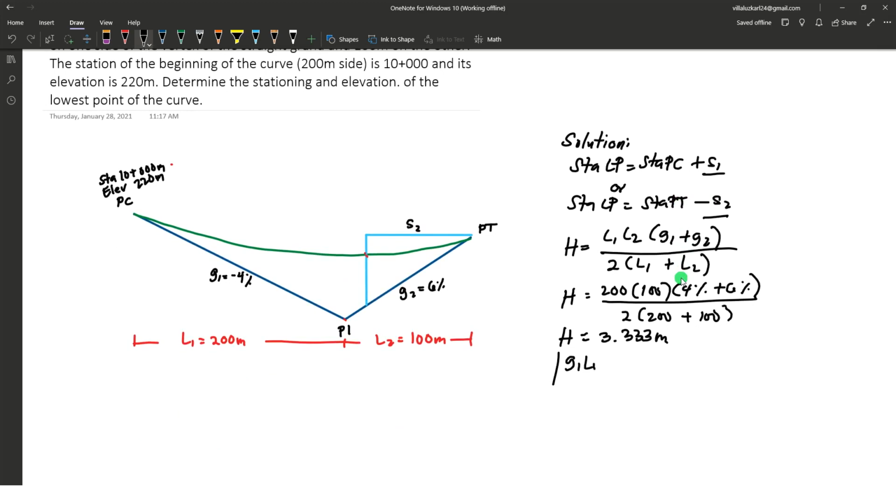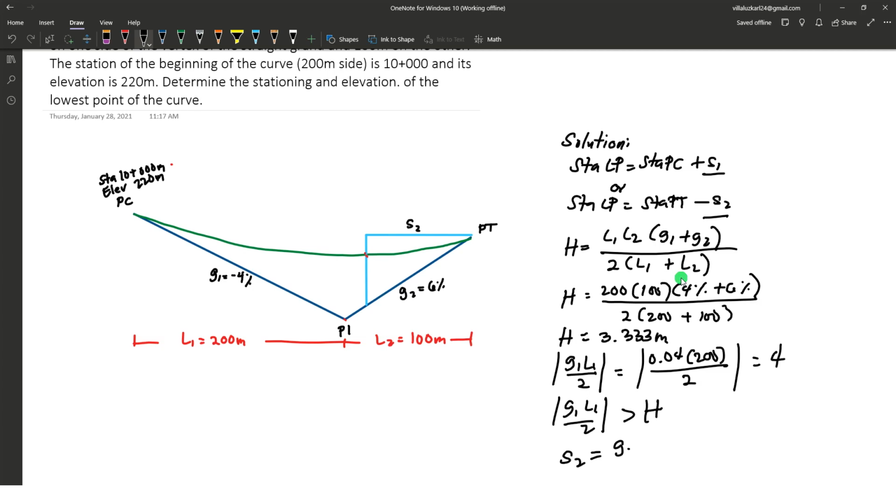Compare first to G1 L1 over 2, which is equal to 0.04 times 200 over 2, which is equal to 4. So it means that G1 L1 over 2 is greater than h, which means the solution that we will use here is S2 equals G2 L2 squared over 2h.